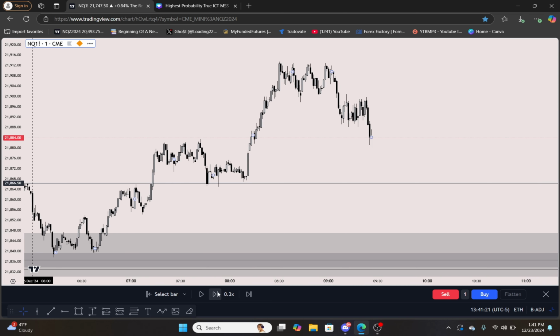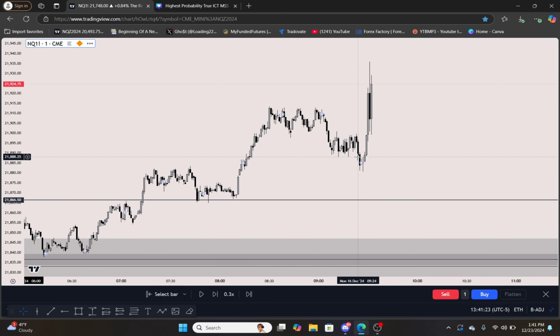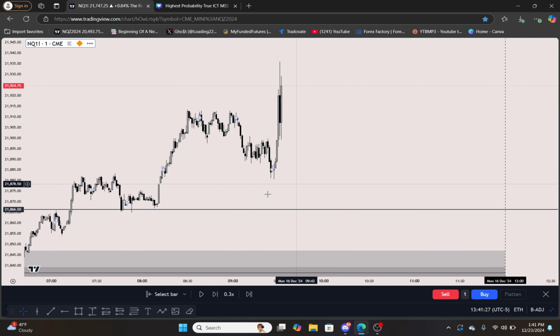So we're waiting for price after 9:45. Notice 9:30 releases here. Price trades above these highs here.